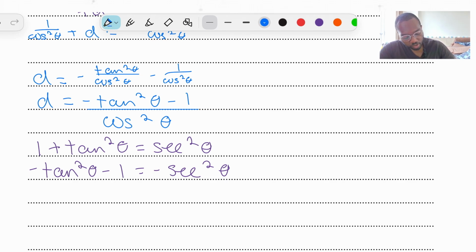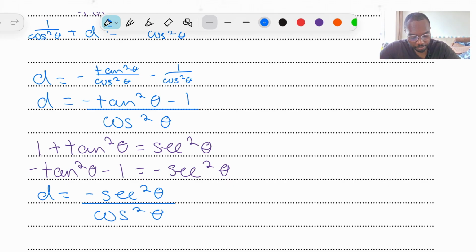Therefore, for our question, we have that d is equal to a minus sec squared theta over a cos squared theta. And now at this stage, what is sec squared theta? Well, we know that sec squared theta is the same as 1 over cos squared theta.